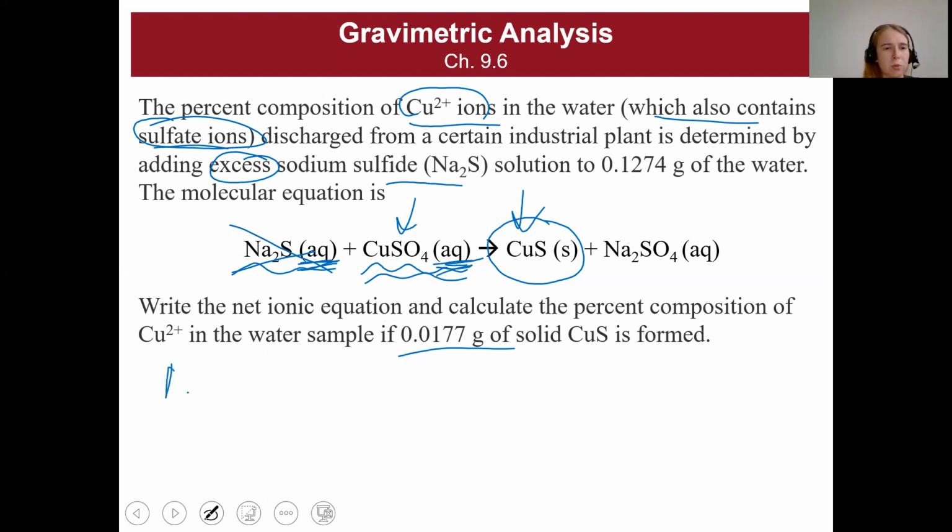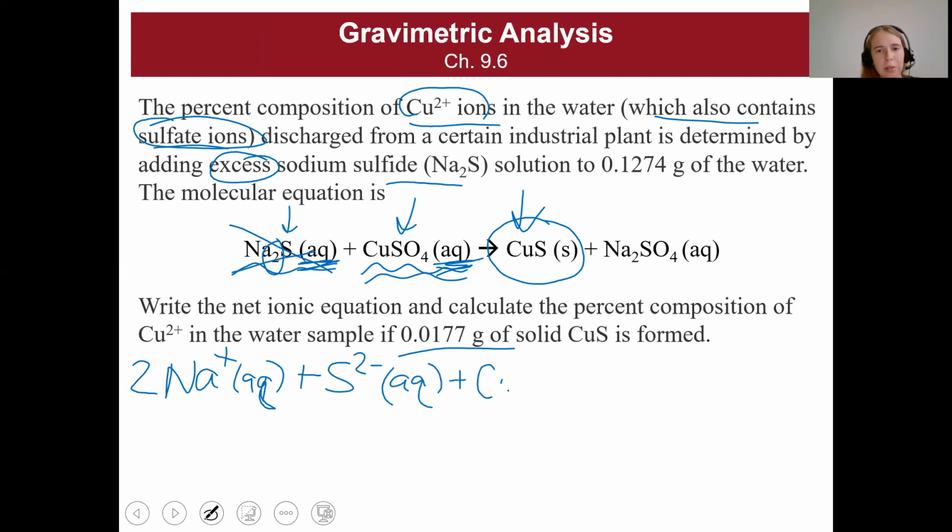It is soluble. So we have a subscript of 2 on our sodium, so we need 2 sodium plus ions. Those are aqueous. And this sulfide ion then is a 2- ion, and it's aqueous.